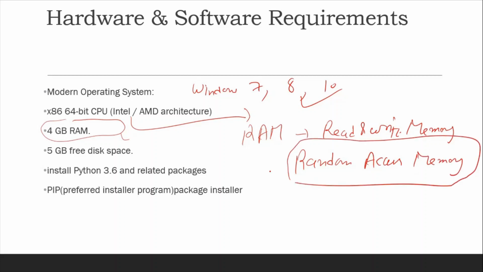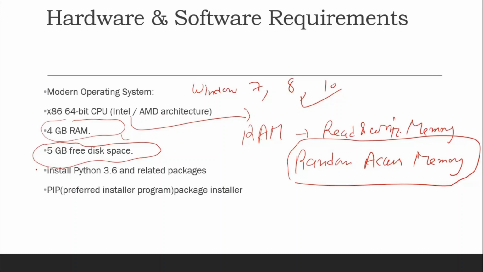Everyone has an idea of RAM because everyone uses mobile phones. Then disk storage: at least 5 GB of disk storage space is required for Python.